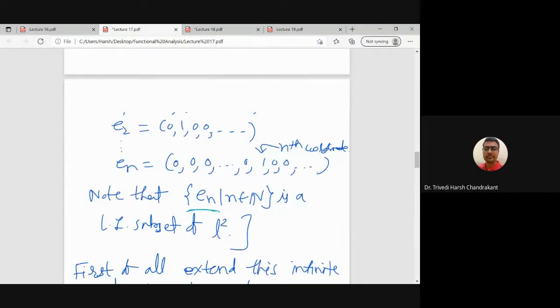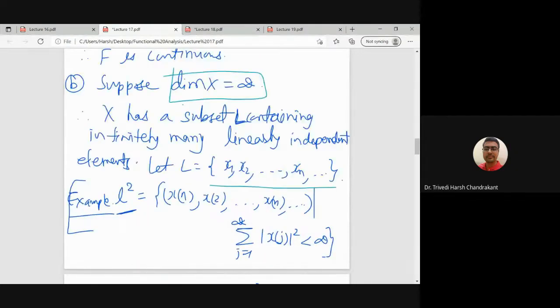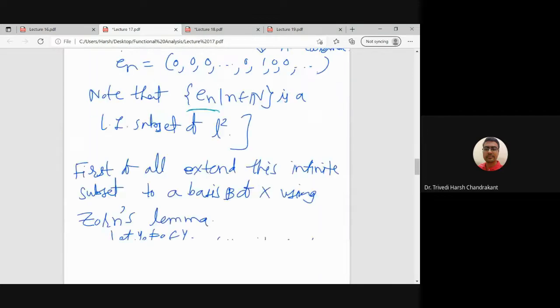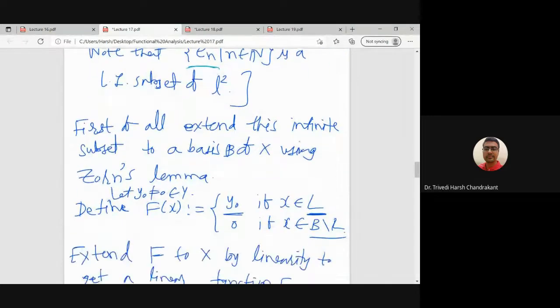So first of all, from the infinitely many linearly independent elements of the vector space, that set is L because it is an LI set, so we call it L. And Zorn's lemma, we have discussed one proposition that says that if we have an LI set, we can always extend it to a basis of the vector space using Zorn's lemma. Right.